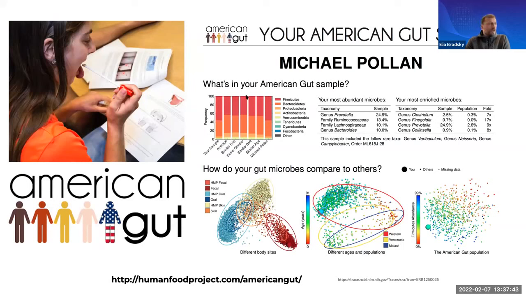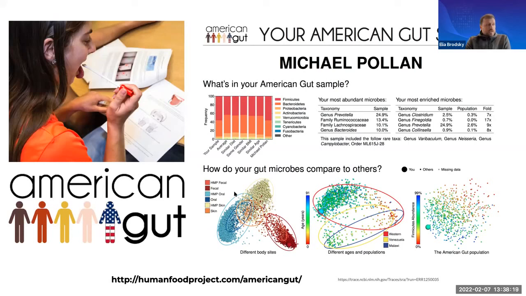And as you can see, the comparison consists of different colors that are annotated right here. And for understanding my individual sample, now we can start looking at the most abundant microbes at different levels of taxonomy. These different levels of taxonomy give us some reference that we can use to see what is known about these individual microorganisms or taxa of microorganisms.